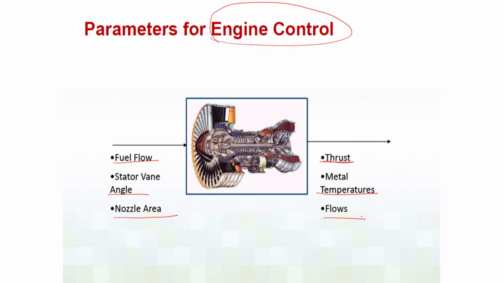If you want to establish a one-to-one correspondence between these input-output relationships, then you can use the classical control system. If, of course, you want to control all three of the parameters in one shot, then we have to go for state space control.